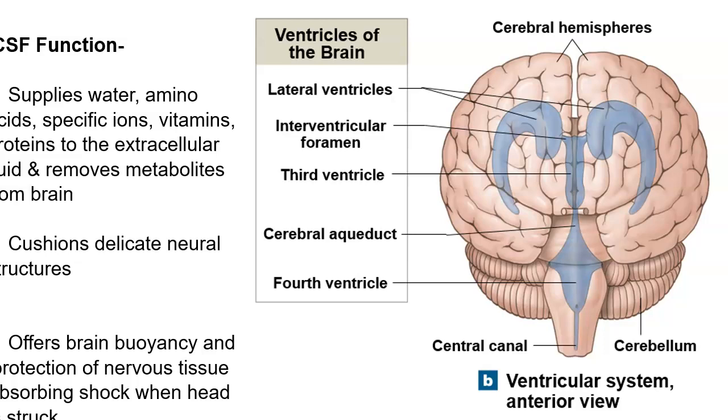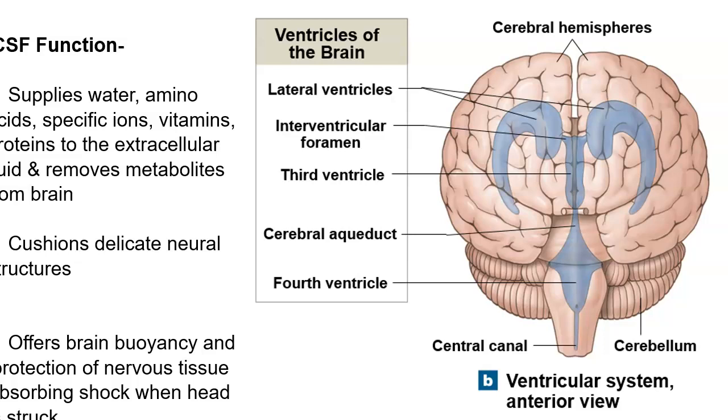So in the picture on the right, you can see the ventricles in blue. Those are critical areas where the cerebrospinal fluid is both created as well as transported through. So you can see the big lateral ventricles.